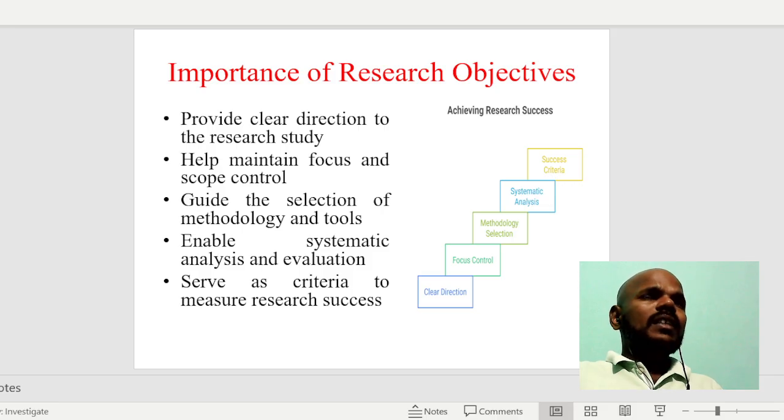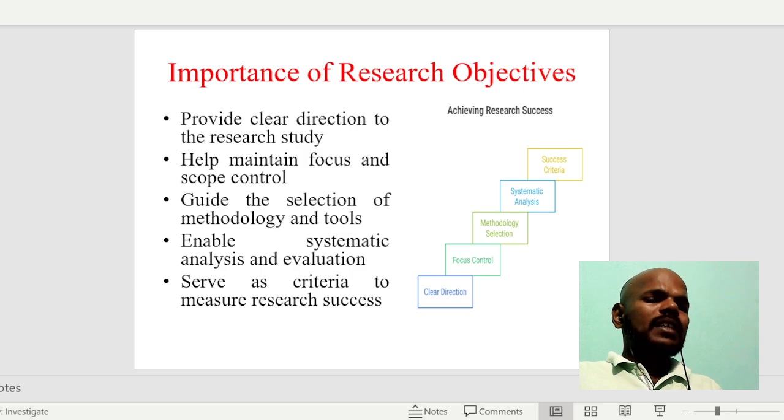Any research problem has several dimensions, right? Among several dimensions, we cannot explore all of them. That is why the research objective will give the direction of which dimensions you have to explore in a significant or productive way.